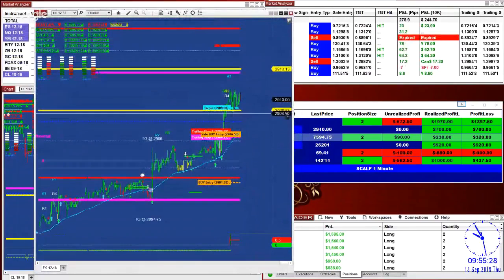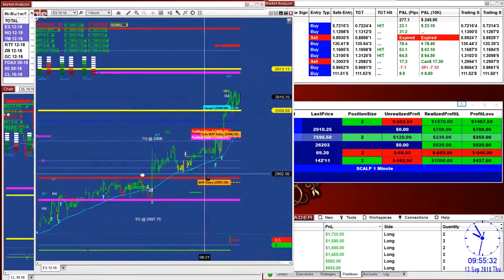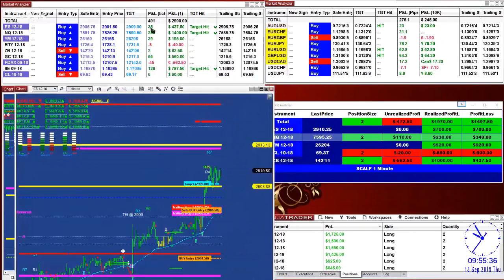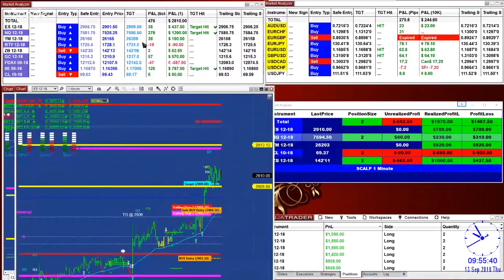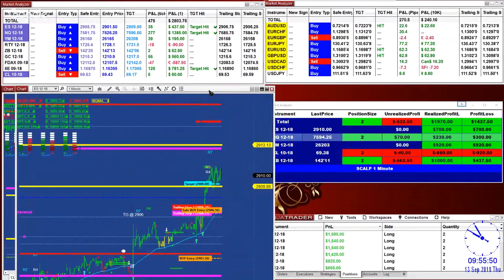When we are using an ATM or a fully automated trade, the entry comes in. As an example, on the ES, now we are 35 ticks on the ES trade. The market analyzer is based on 1 contract. And the NASDAQ, now we are 275 ticks based on the entry from the signal.